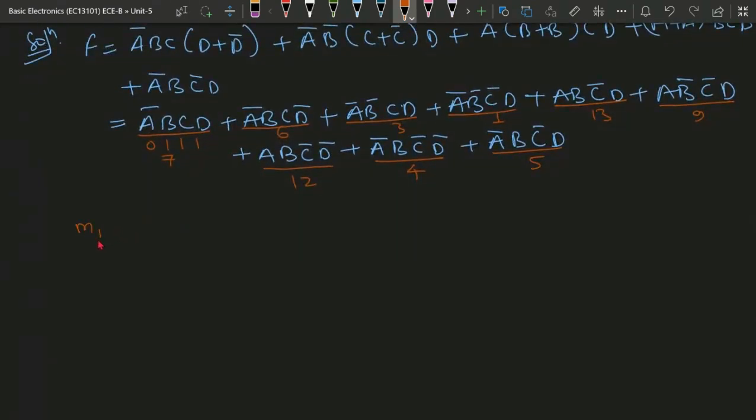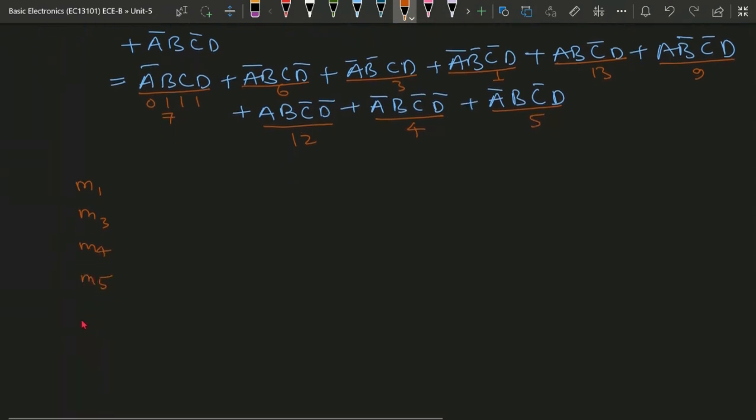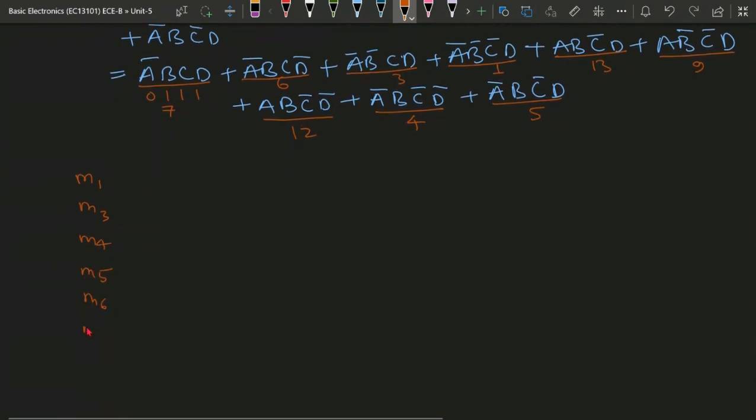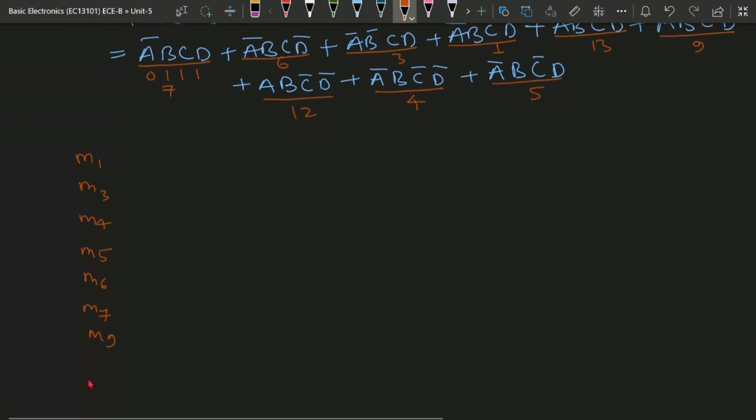So it is M1, M3 is there, M4 is there, M5 is there, M6, M7, M9, M12, M13.